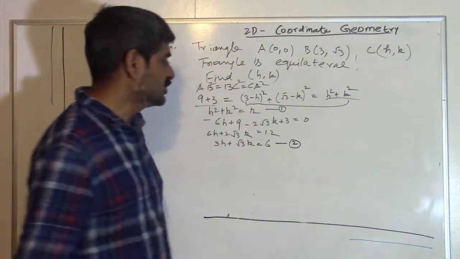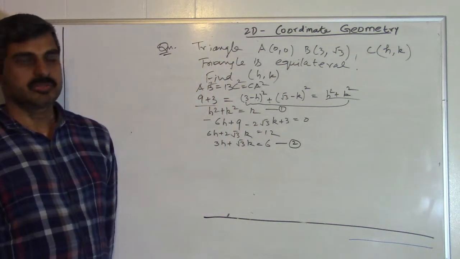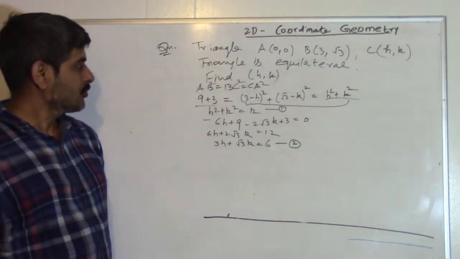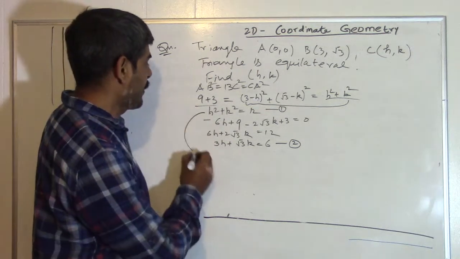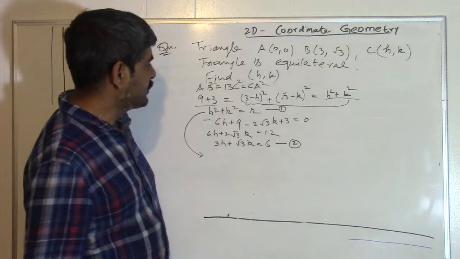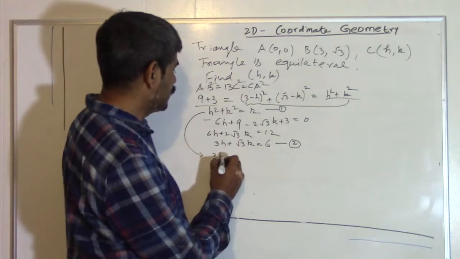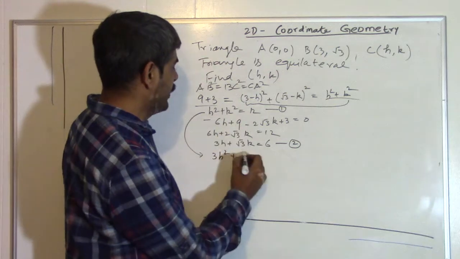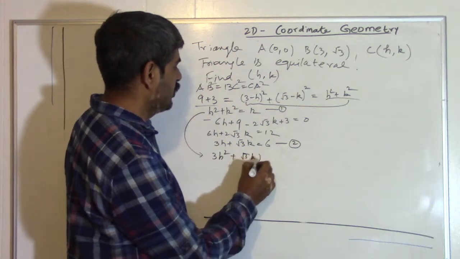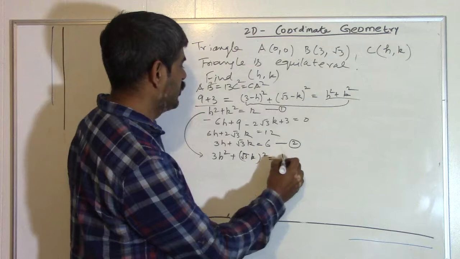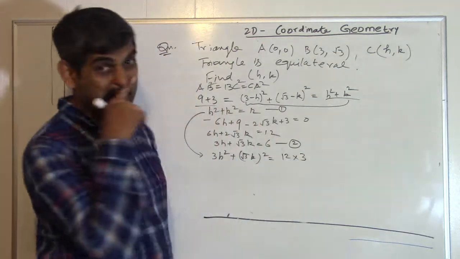These two equations should have two solutions. How do we solve it? I am going to multiply the first equation by 3. 3h square plus root 3k whole square is equal to 12 into 3.